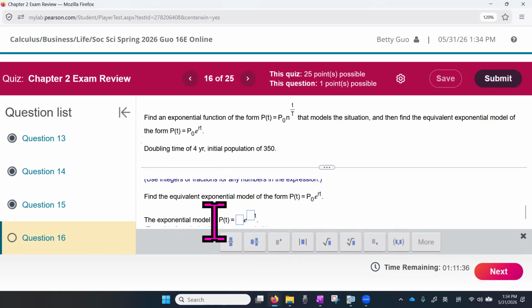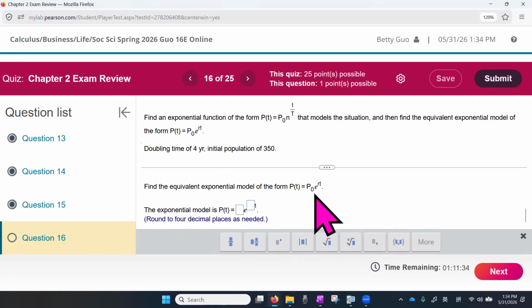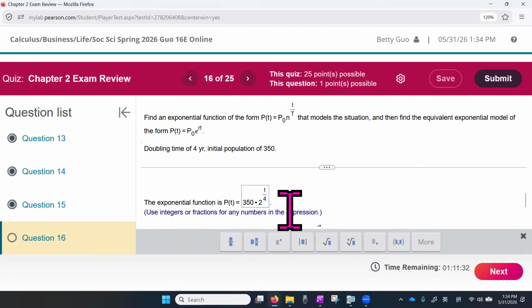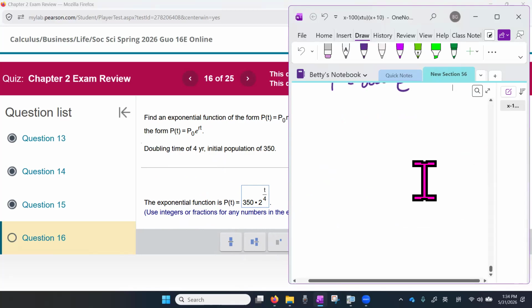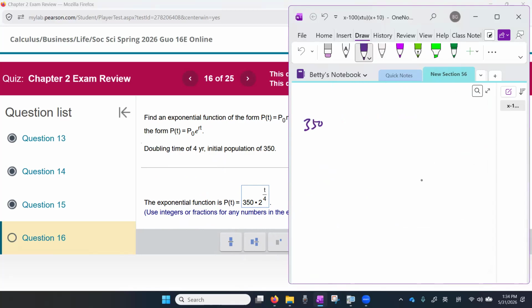What about the second part? How do we convert that to this formula? We have 350 times 2 to the power T over 4 equals 350 e to the power RT. Cancel 350.